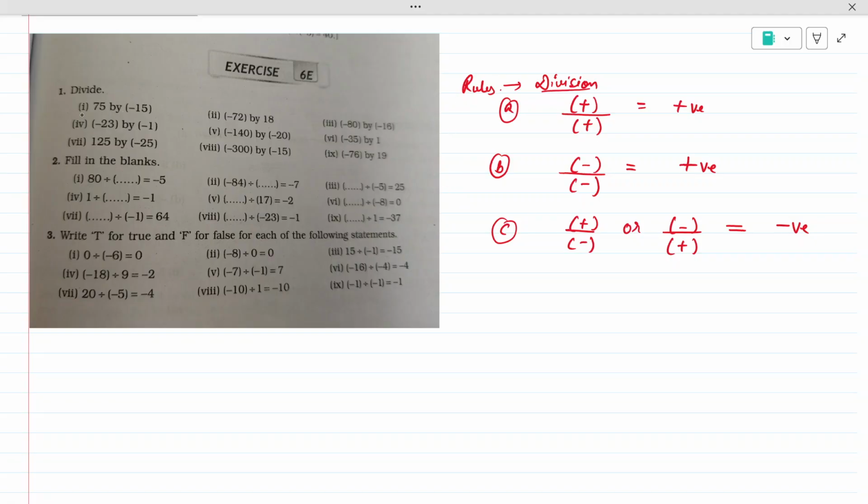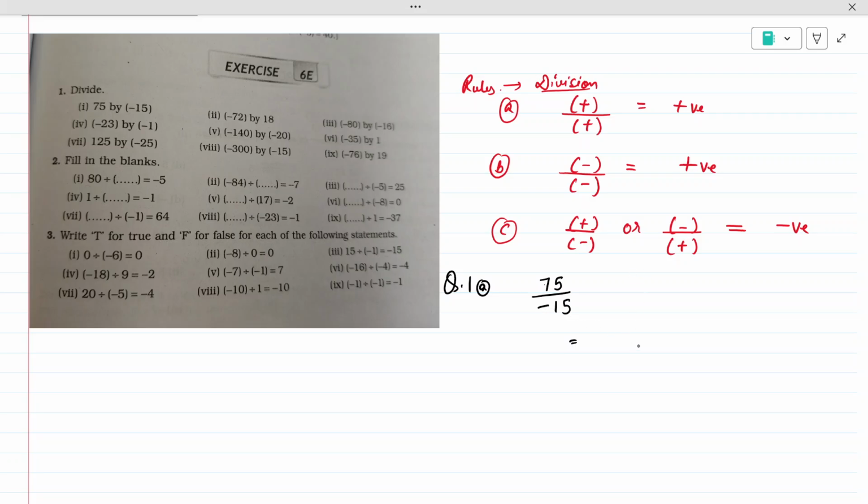First is 75. We have to divide 75 by minus 15. So question number 1, A part is 75 with minus 15. So kids, here we can see 75 is a positive number, 15 is a negative number.